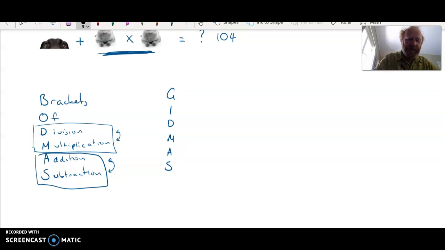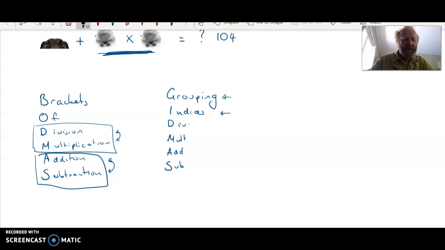So why do I prefer this second one, GIDMAS? GIDMAS is grouping, indices, division, multiplication, addition, subtraction. The reason I prefer GIDMAS is, one, that it puts the indices in, which we haven't seen there, you know, to the power of 2, to the power of 3, those kind of things, or squared and cubed.